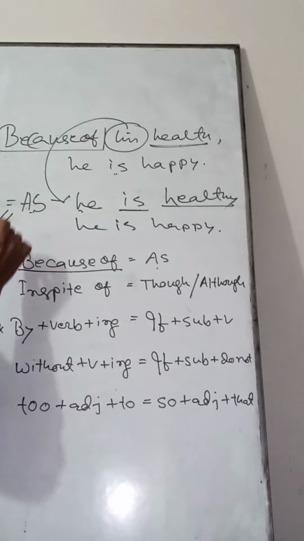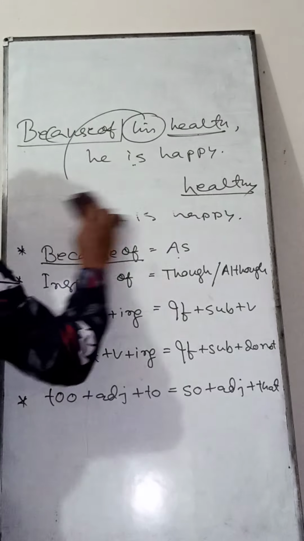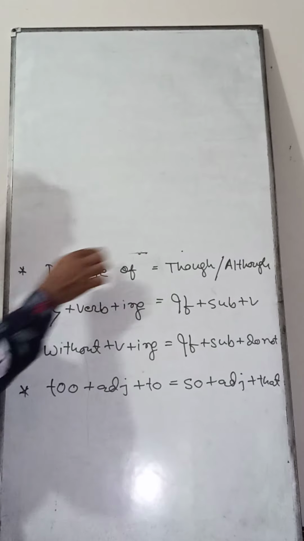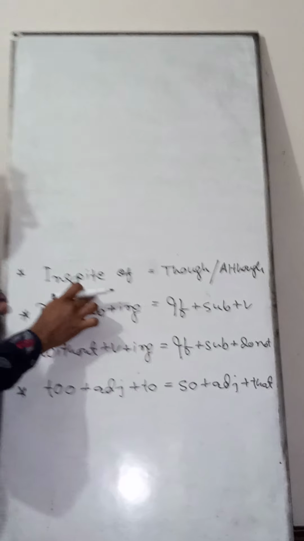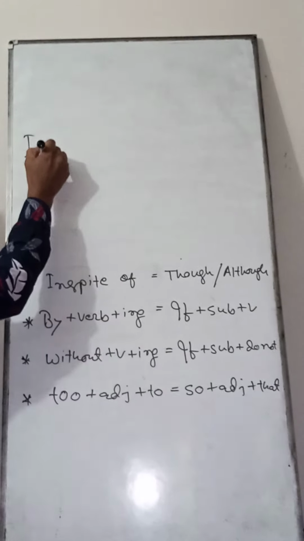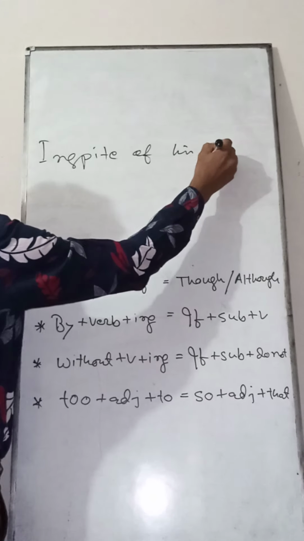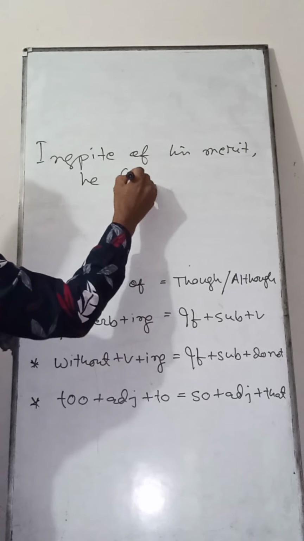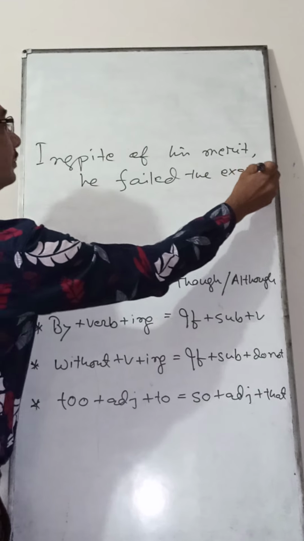This is another rule. Now I'm going to discuss rule number 3. If you find in spite of, you have to transform the sentence from simple to complex, adding though or although. "In spite of his merit, he failed the exam."